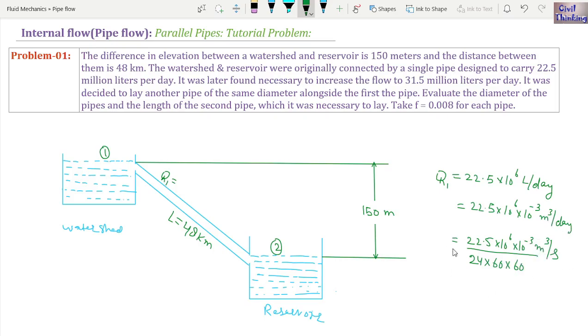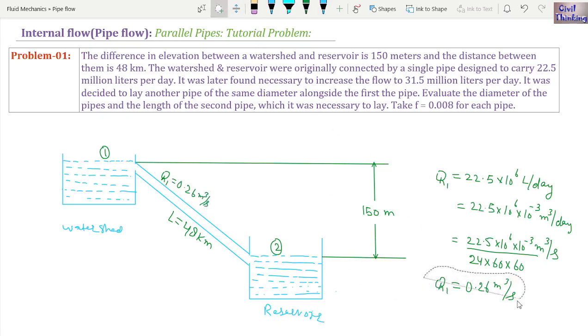So this is Q1. Let me simplify it using a calculator. It is approximately 0.26 meter cube per second. This is Q1, 0.26 meter cube per second.